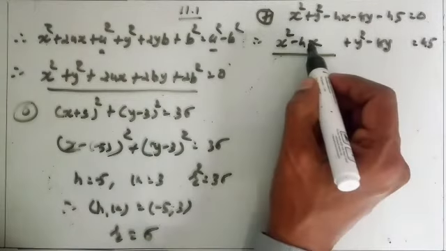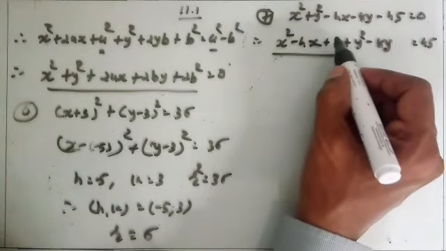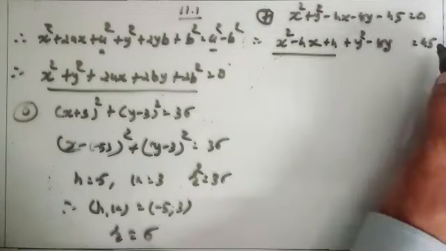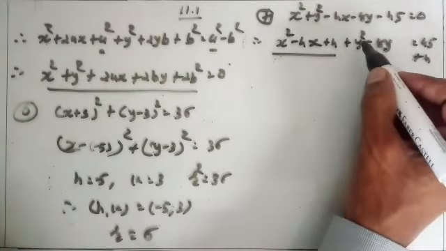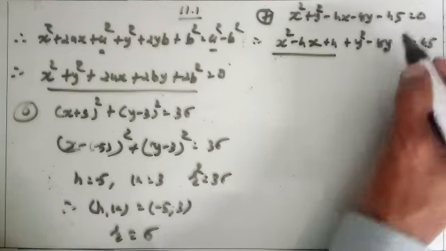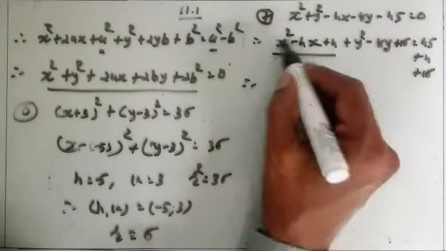Here, to make it a perfect square, add 2 squared, which is 4, on both sides. Similarly, for y^2 - 8y, add 4 squared, which is 16, to both sides. Therefore, this becomes a perfect square.